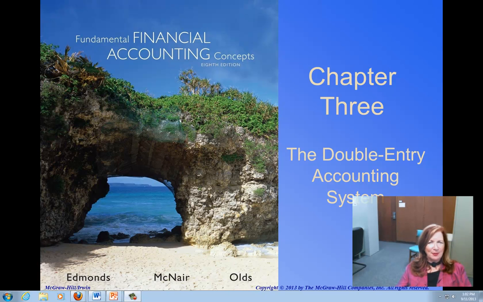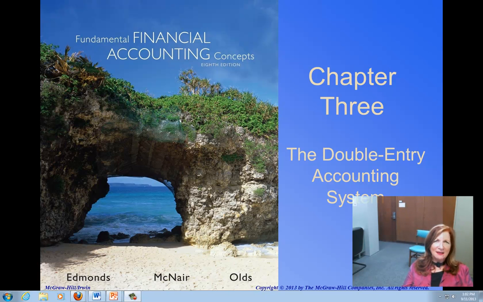Those are going to be temporary accounts. They'll eventually get closed into retained earnings. But throughout the year, we'll be putting those transactions into their own accounts. At the end of the year, revenues, expenses, and dividends will be closed out to retained earnings. The individual account balances will go to zero, and all those transactions will go into retained earnings.